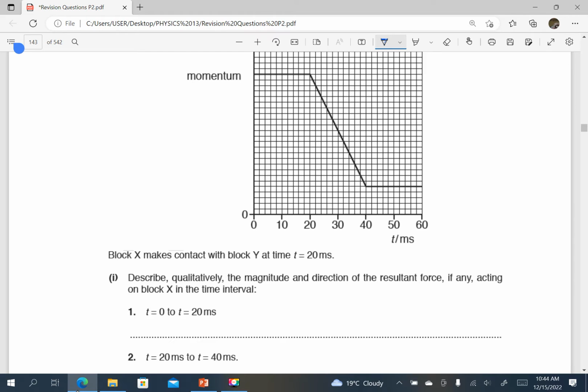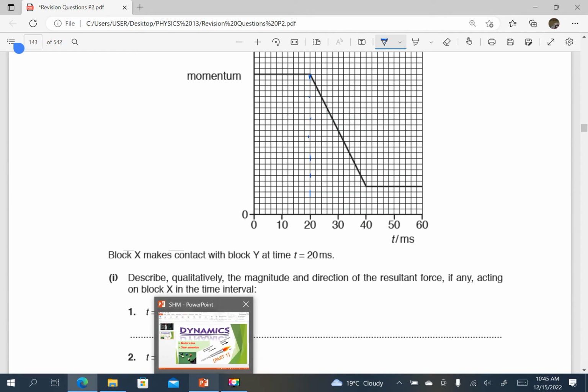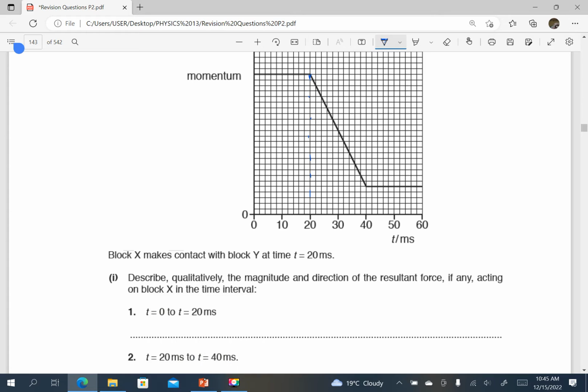So we see it starts changing here at 20 milliseconds. That's when it starts changing. But before that, it was constant. So we now answer the question.